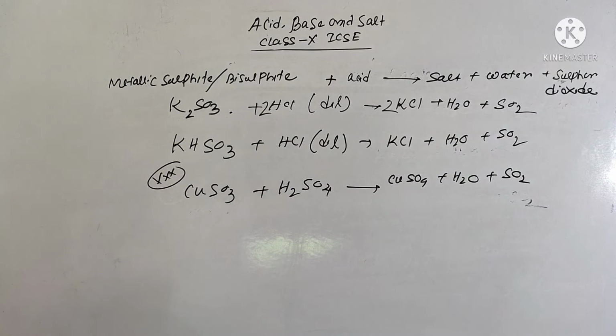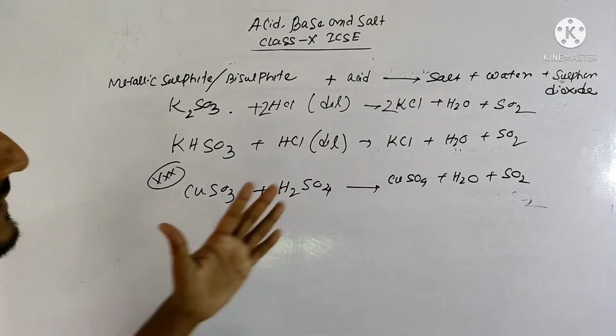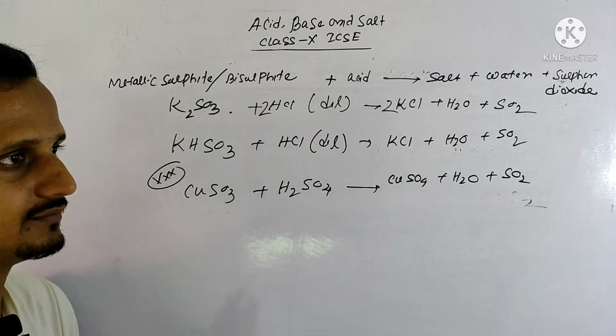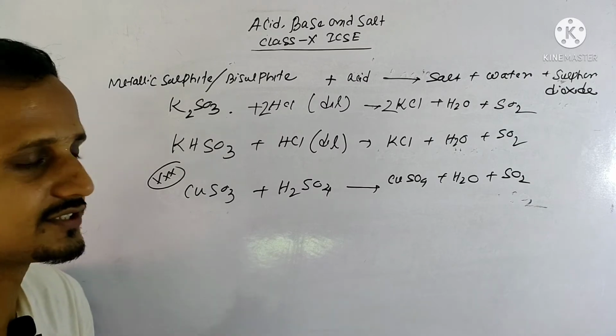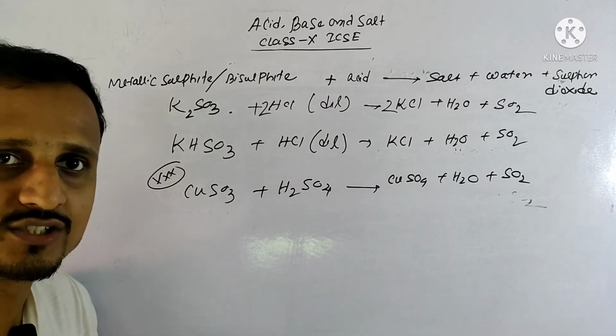Okay, done. Now normally we can prepare the acids by reacting with a non-metal. Not the preparation of acid, we are discussing the chemical reactions. Aluminum, when it reacts with nitric acid or hydrochloric acid, what will generate?